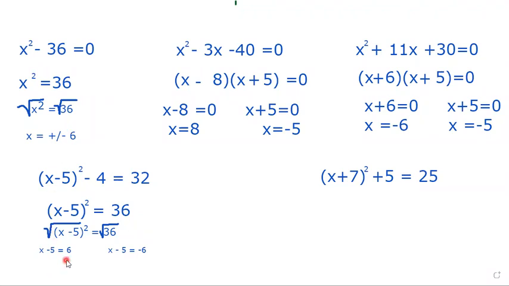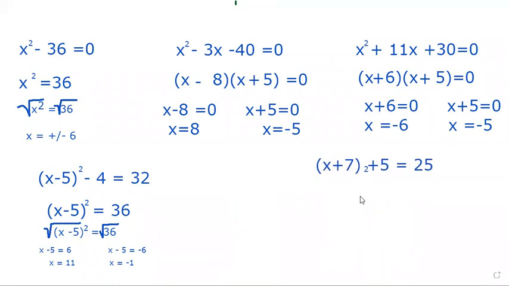So that's x minus 5 is equal to 6, and x minus 5 is also equal to negative 6. So once we finish this problem, once we add 5 to both sides, 6 plus 5 is going to be 11. And here, negative 6 plus 5 is going to be negative 1. So that's our final answer in this case.